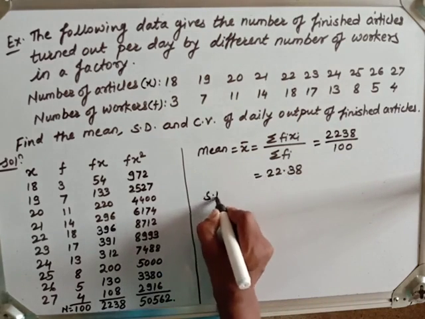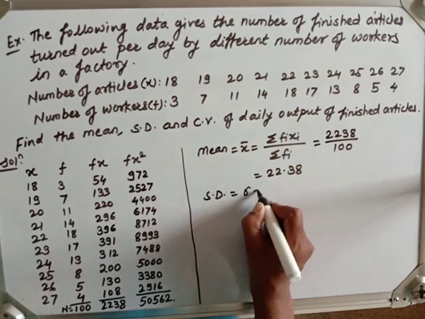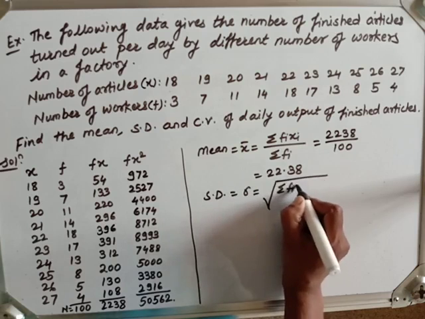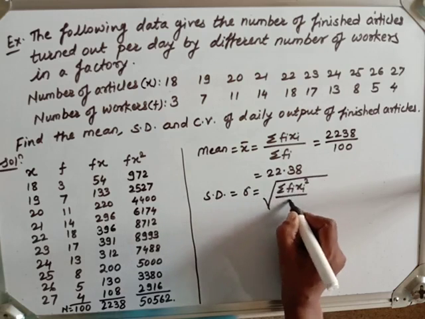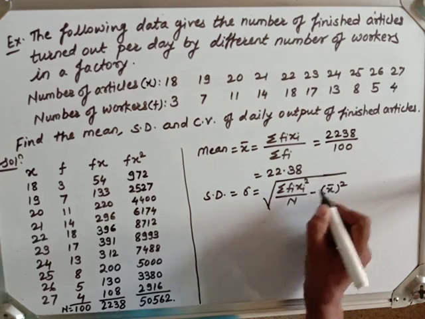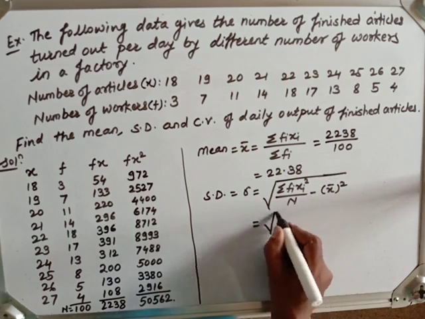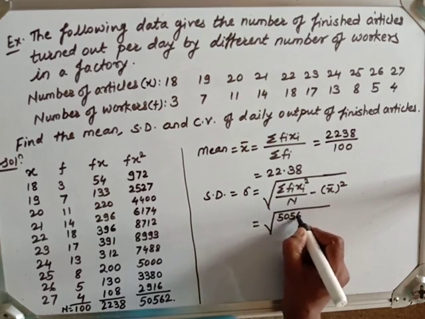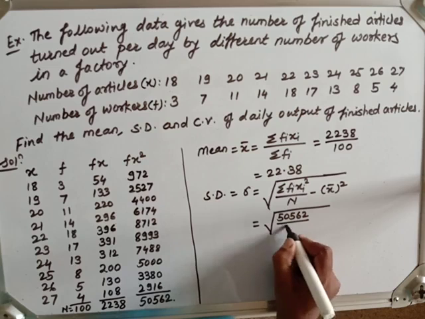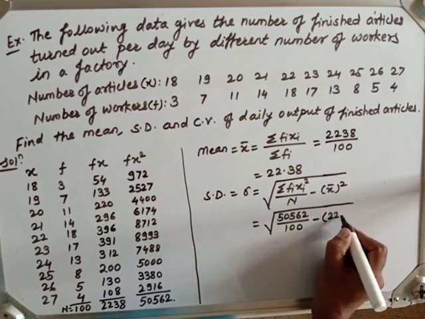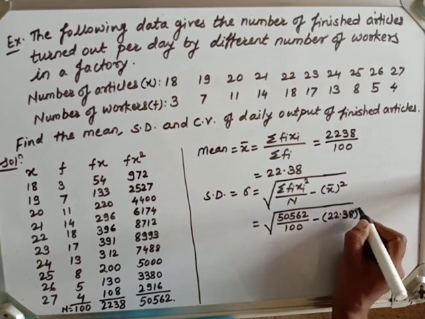Now the standard deviation. Sigma is the positive square root of summation fi xi square upon N minus x bar square. That is the square root of 50,562 upon capital N, which is 100, minus 22.38 square.